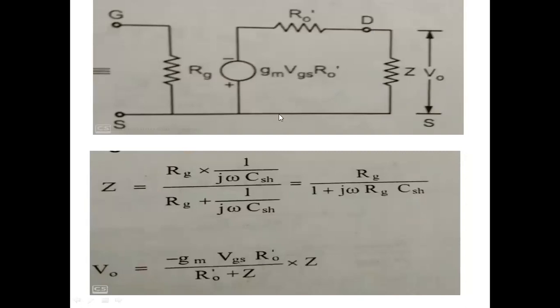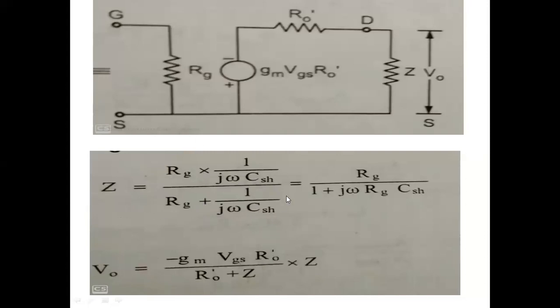CSH means the reactance of the capacitance. So if you have two components parallel combination, then what is the resultant equation? That is R1 R2 by R1 plus R2. In place of R1 we have RG. In place of R2 we have capacitance, that is reactance of the capacitance, that is 1 by j omega CSH. So Rg into 1 by j omega CSH by Rg plus 1 by j omega CSH. R1 R2 by R1 plus R2.